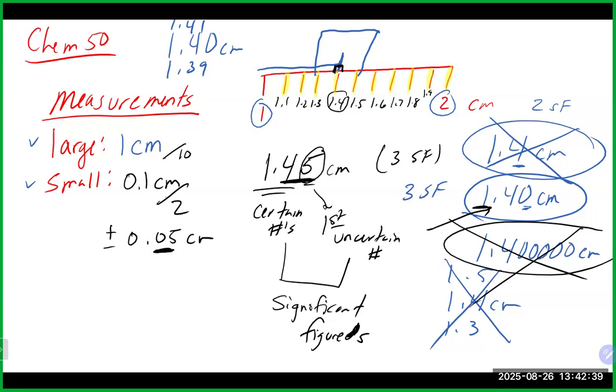So when you take a measurement, you do want to record everything to the proper number of significant figures based on the equipment that you're using. Because if you lose some numbers, you're making your measurement a lot worse. If you add extra zeros where you're not supposed to, you're making it a lot better than it should be. You do want to give the measurement to the proper number of digits. Any questions on measurements there?